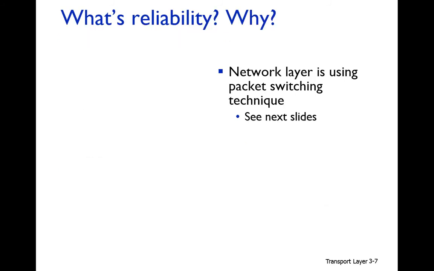So first of all, what is reliability and why? Reliability means that the data is received at the receiver without bit error. We have already discussed bit error: when a bit flips, for example 1 becomes 0 or 0 becomes 1, this is called bit error.